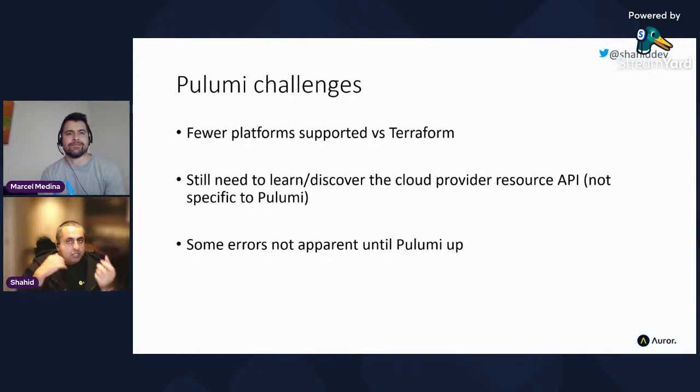Some errors you may encounter when you do a Pulumi preview will give you a reasonably good idea. So one of the things Pulumi preview will do is make sure your code compiles. So that's the first step. It will do some additional validation, but there are some errors that are not apparent until Pulumi Up starts trying to provision those resources.